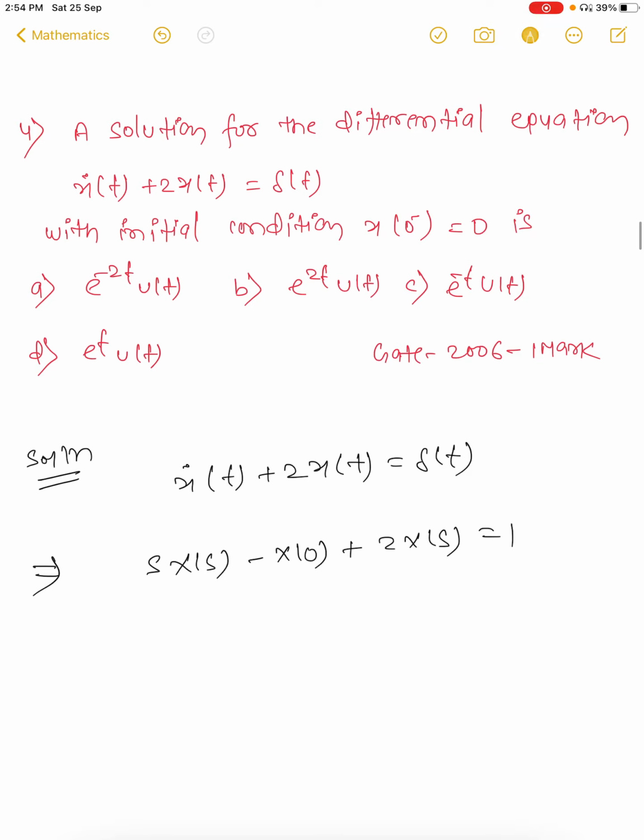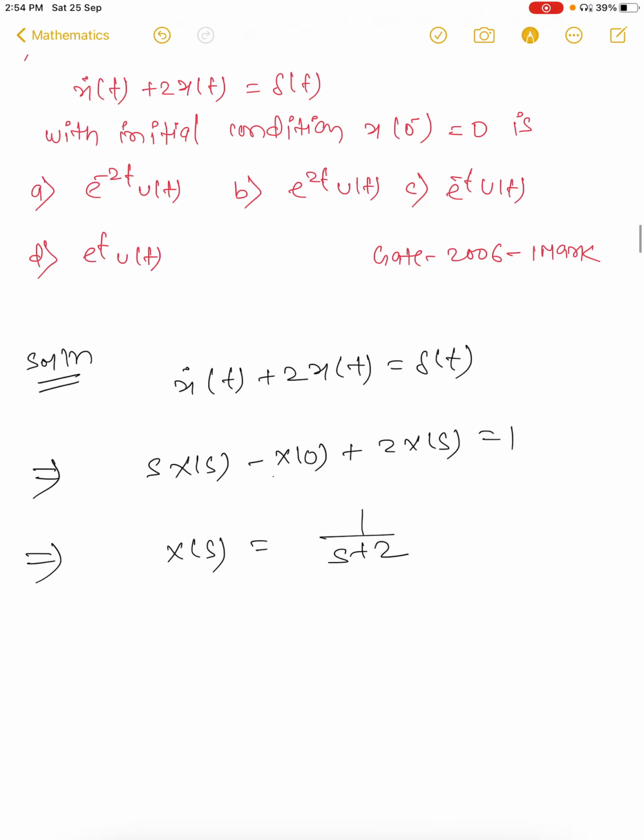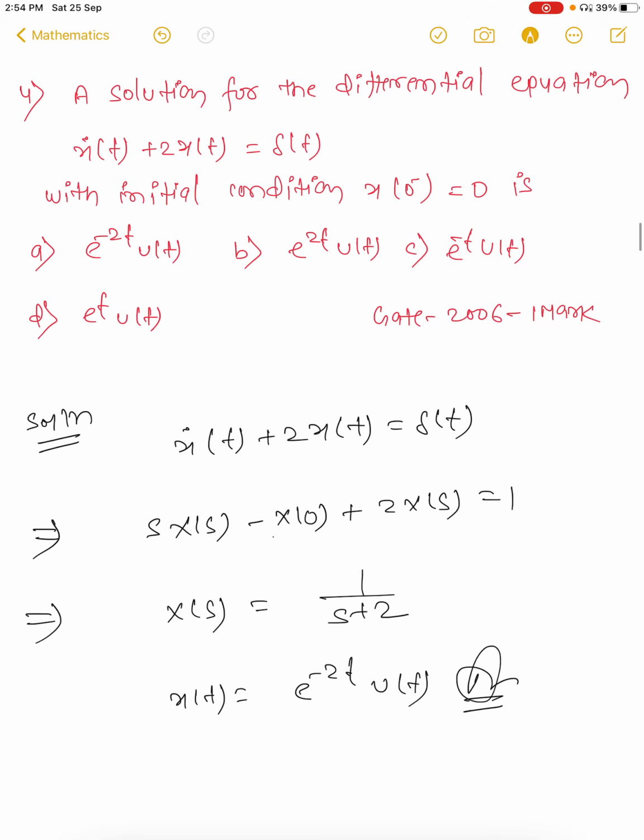It is easy to solve with Laplace transform. x(0) is 0, so X(s) is equal to 1 upon s plus 2. So x(t) will be e to the minus 2t u(t). So that will be the answer, the option e to the minus 2t u(t).